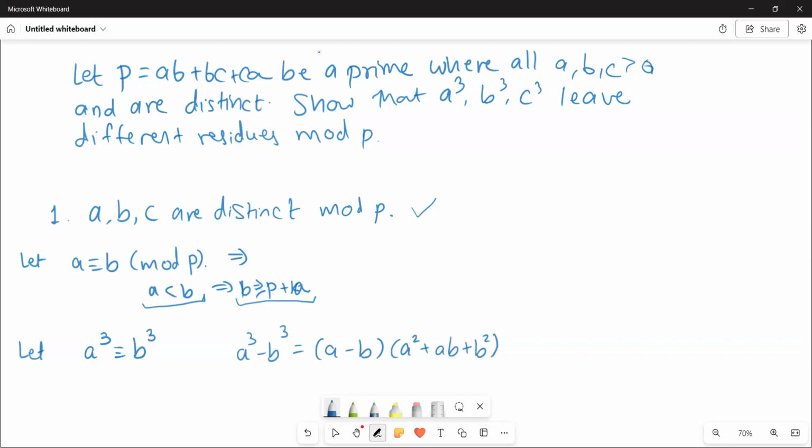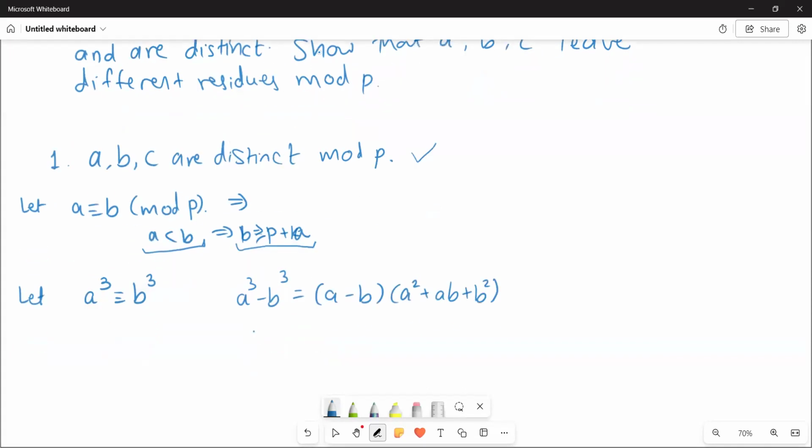Then we add A minus B into AB plus BC plus CA to it.